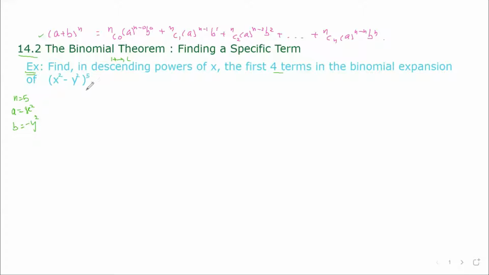Because the formula has a plus, we better write it on the plus side. So it's (x^2 + (-y^2))^5, the whole thing to the power 5.